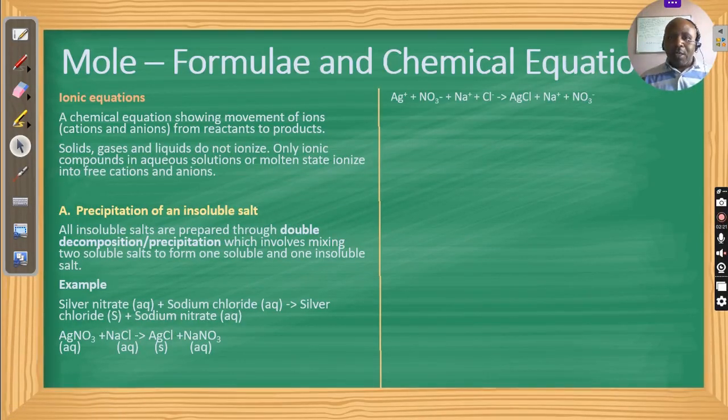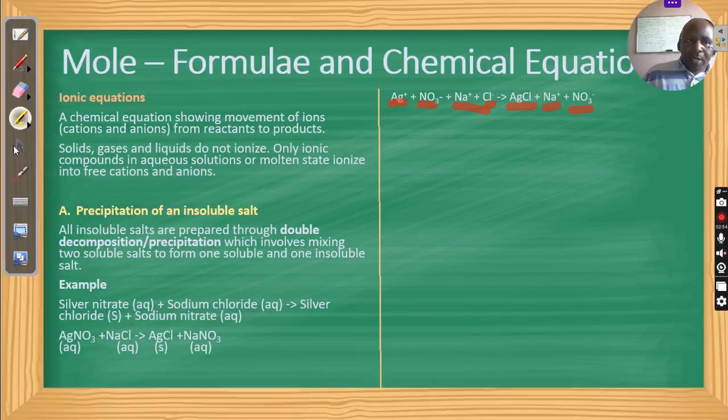So in terms of the ionic equation, what you do is break the compounds into their ions. That's why for silver nitrate I'm putting the silver ion, then nitrate ion, sodium ion, chloride ion, to form silver chloride, which as we said is a solid, so it can't ionize. Then sodium nitrate, which ionizes to sodium ions and nitrate ions.